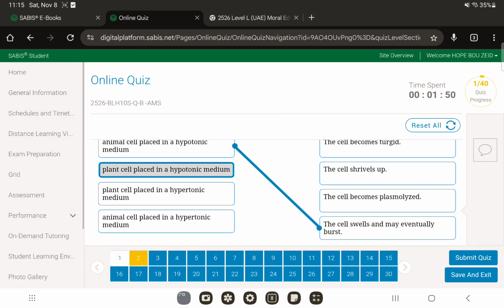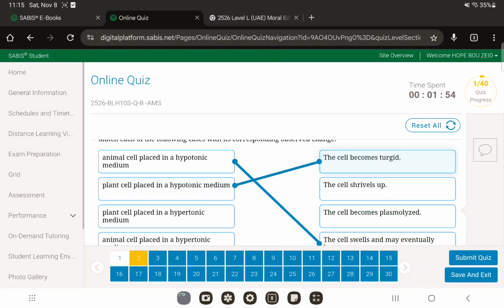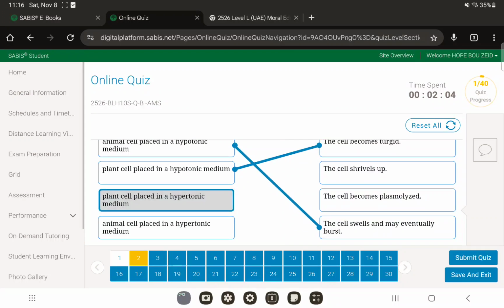Plant cell placed in a hypotonic medium becomes turgid, because that's the term to say that it will be full, although it won't burst because it has the cell wall protecting it.